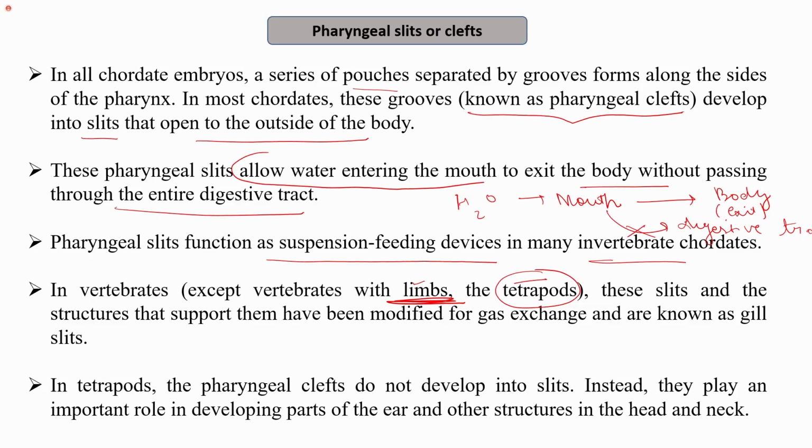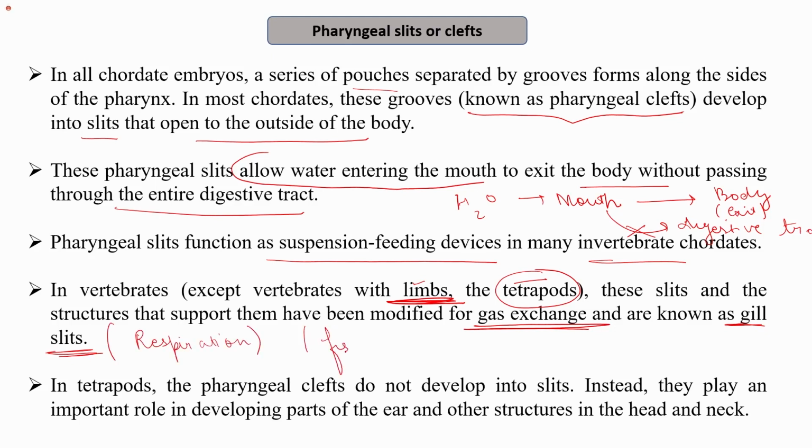In such vertebrates, the pharyngeal slits and the structures that support them have been modified for gas exchange, and then they are known as gill slits. So they function in respiration.